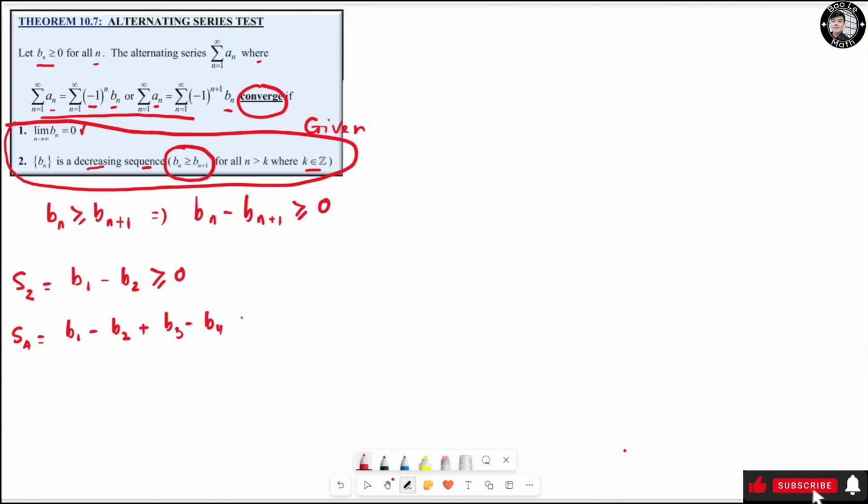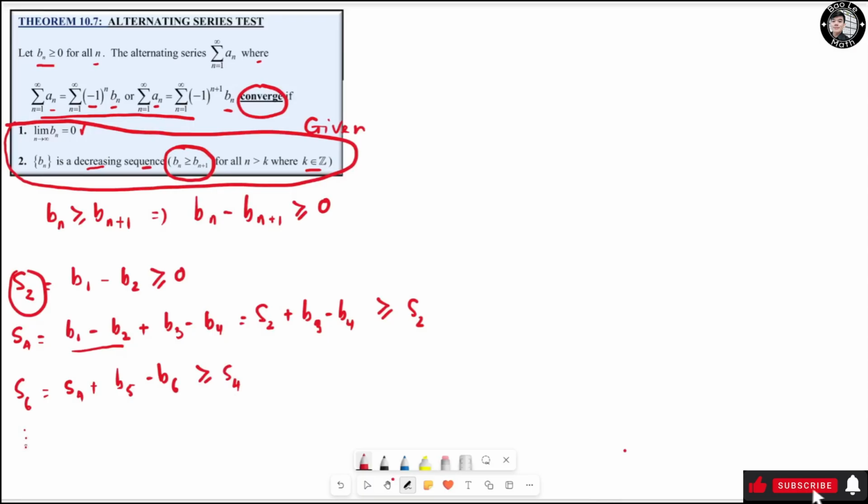I can replace the first part with s sub 2, so it's s sub 2 plus b sub 3 minus b sub 4, which is greater than or equal to s sub 2. Next, s sub 6 equals s sub 4 plus b sub 5 minus b sub 6, which is greater than or equal to s sub 4.